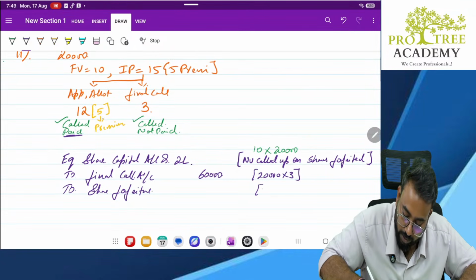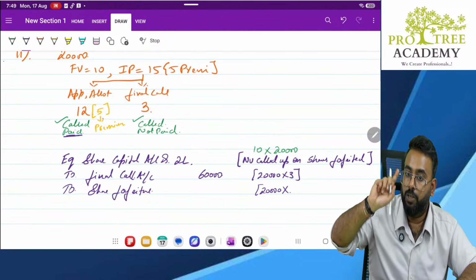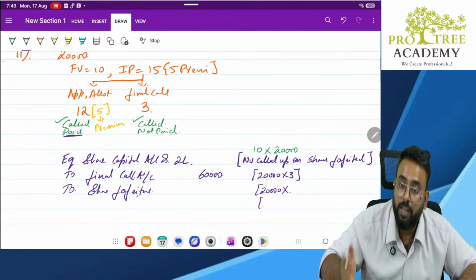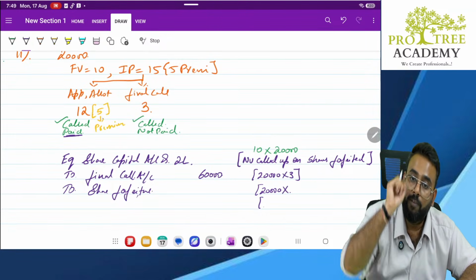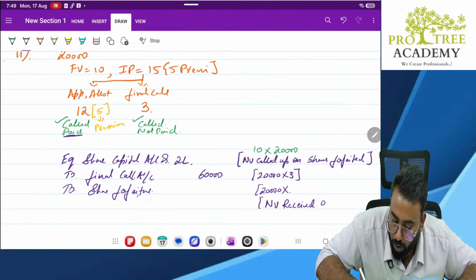How much share forfeiture? 20,000 shares into, don't take 12 rupees. What is going to go inside the forfeiture account? I have told you already, nominal value received on forfeited shares.